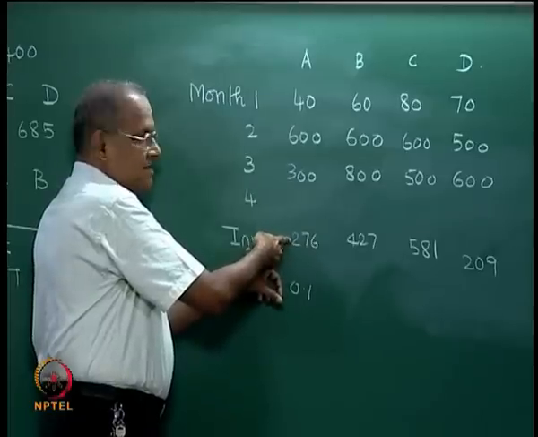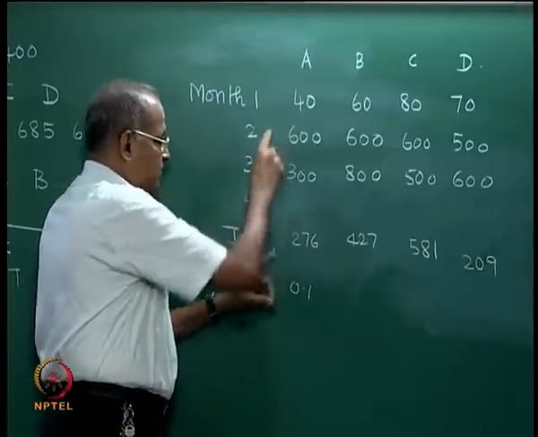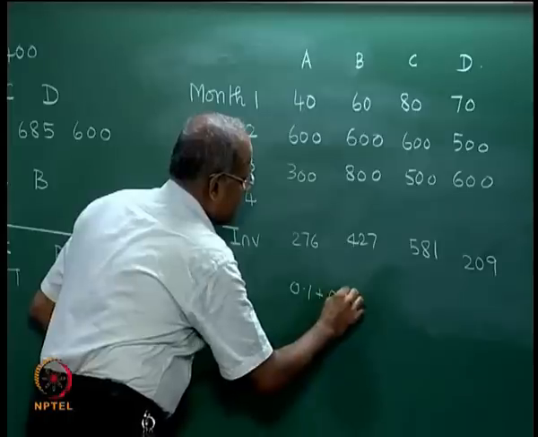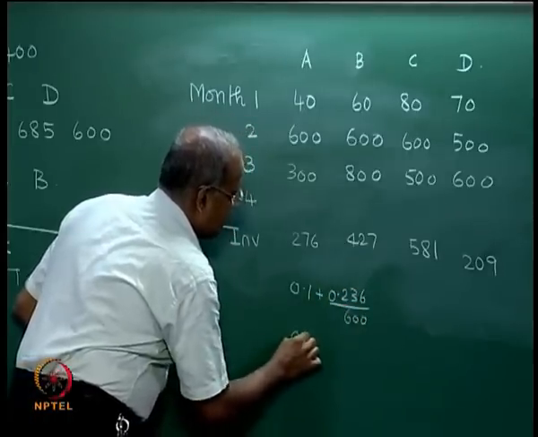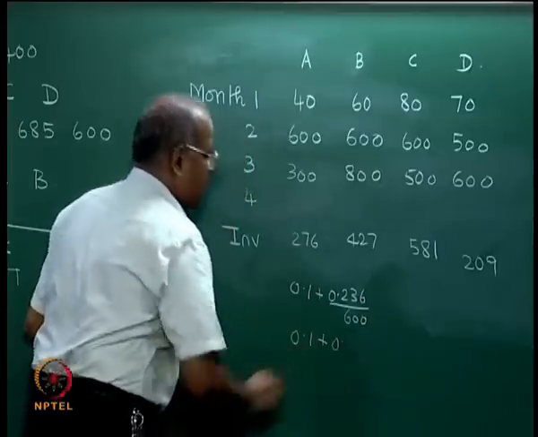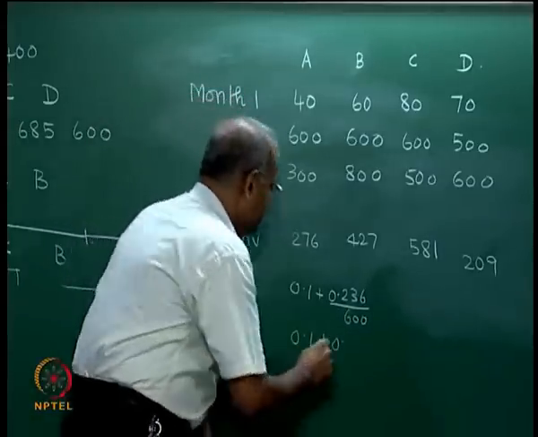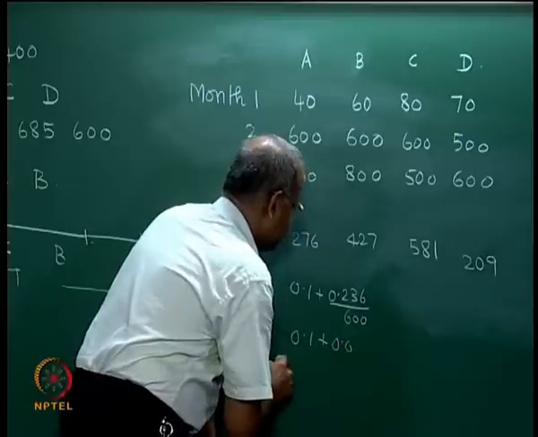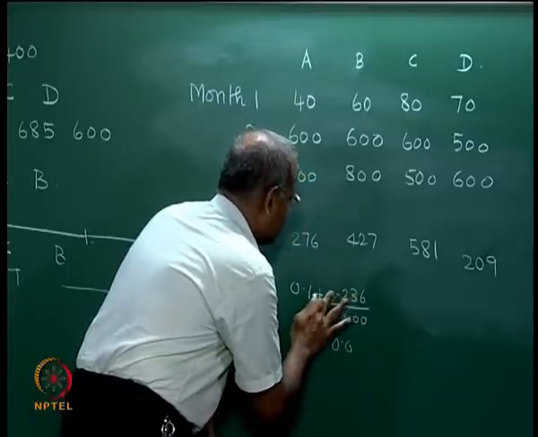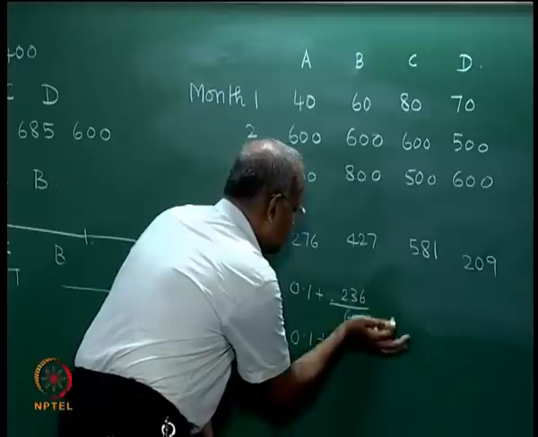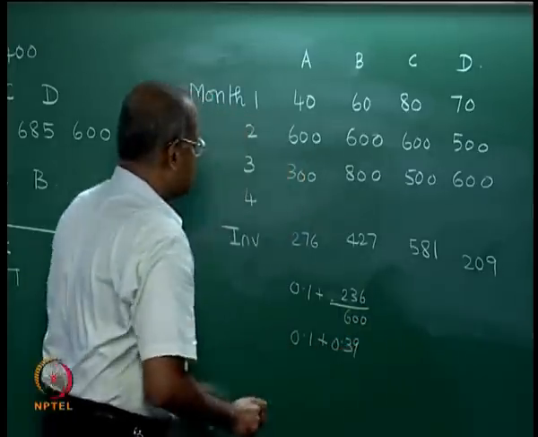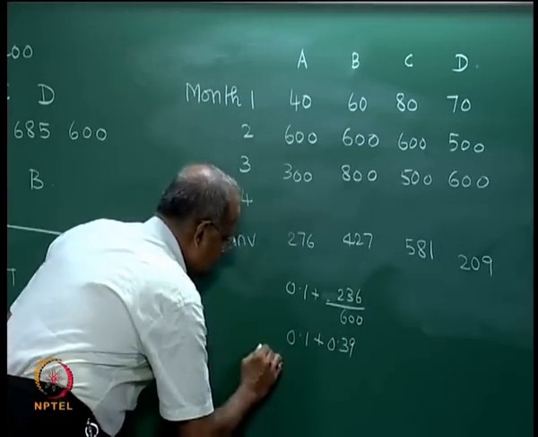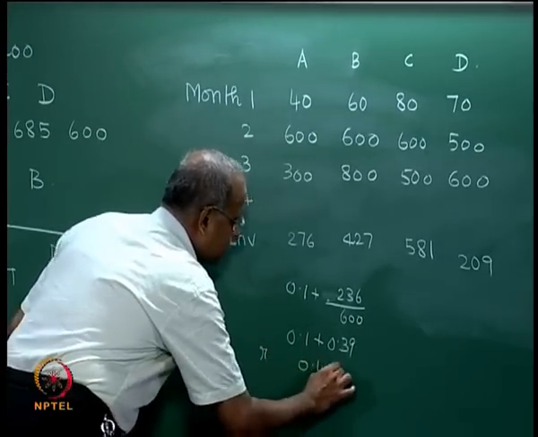So the balance is 236, and this will be 236 by 600. So this will be 0.1 plus 236 by 600, so for this R will be 0.49.